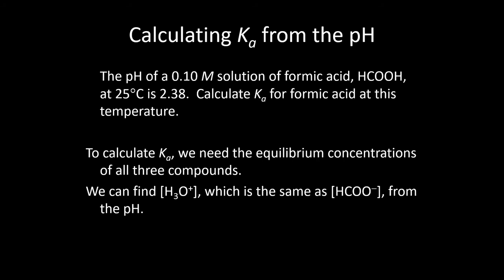And because of stoichiometry, whatever the concentration of this is, the conjugate base is going to have the exact same concentration. We're only getting this molecule from one place, the dissociation of the molecule, and however many dissociate, that's how many we get.